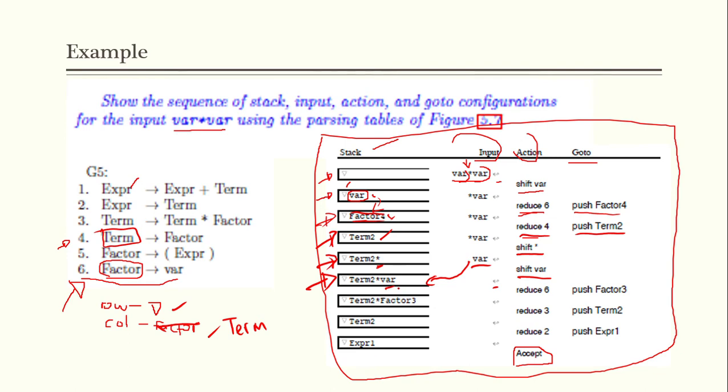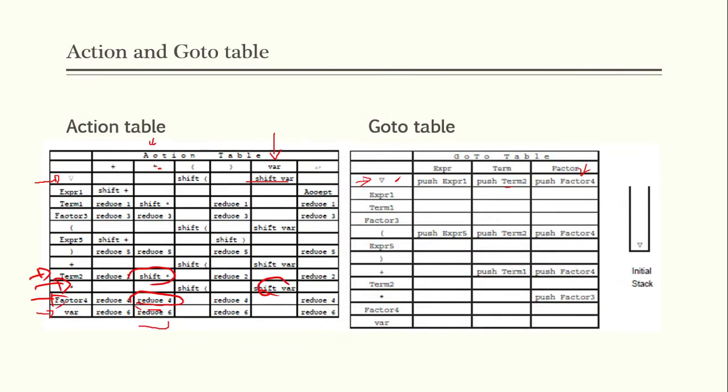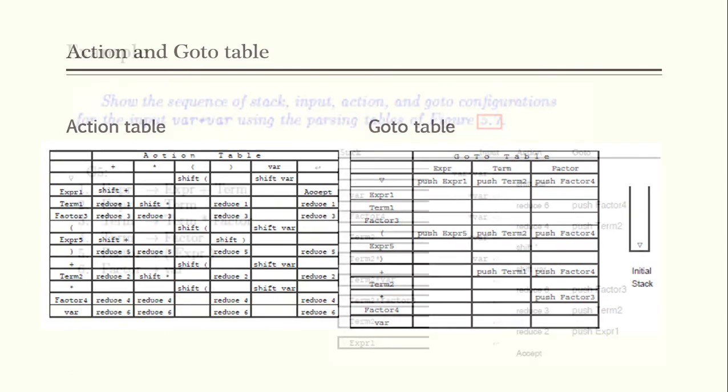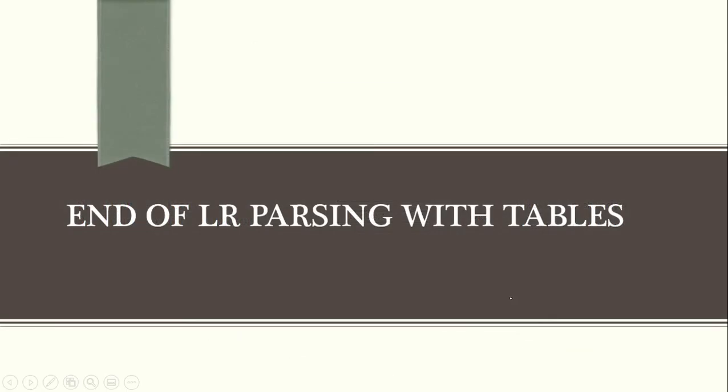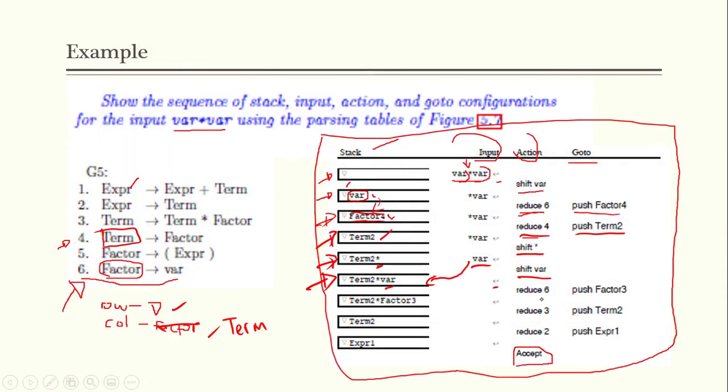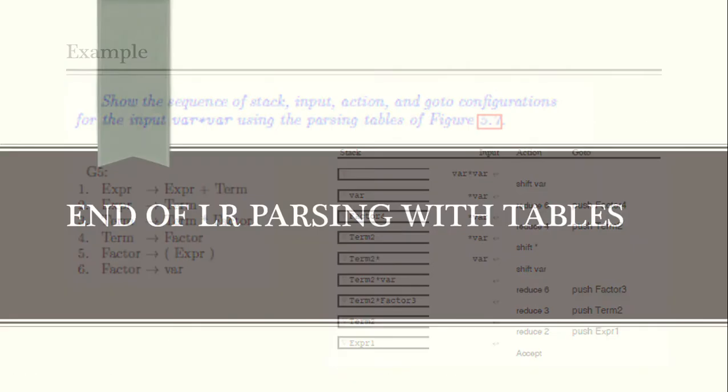So what you need to look at is var as a row and end marker as a column. It says here reduce 6, so you write there reduce 6.